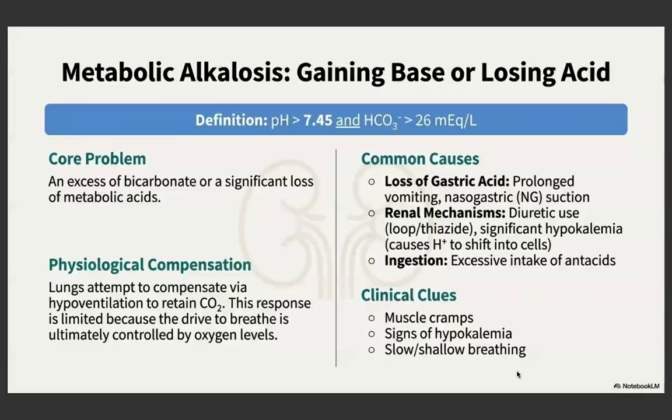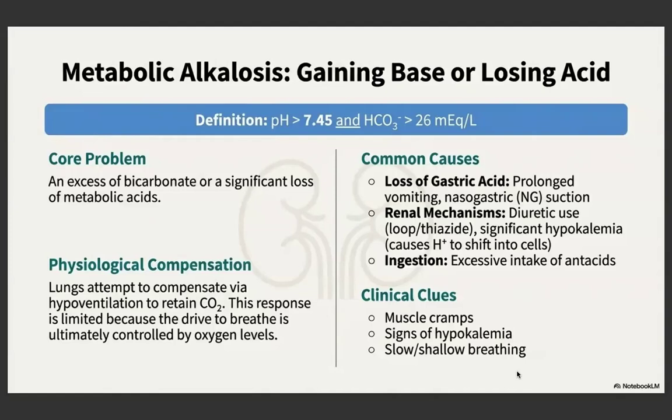Okay, metabolic alkalosis. So this is more alkaline, more basic. This is too much bicarbonate in the body. What's happening here is that your body's going to start hypoventilating to help retain CO2 to compensate. And that is obviously going to be based on how much oxygen you're taking in, right?